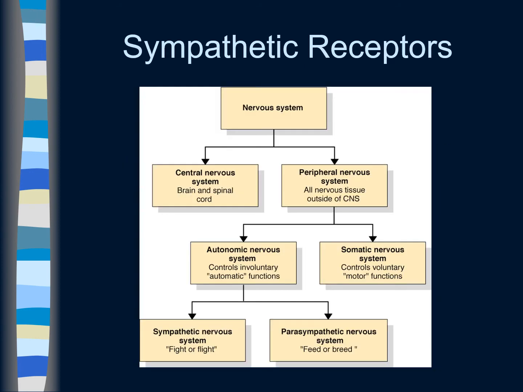Remember when we were talking about the human body and homeostasis, and we looked at the nervous system and the divisions of the peripheral nervous system that help us manage different things going on with our body that threaten homeostasis. And we were primarily concerned with the sympathetic nervous system that modulates our fight or flight response.